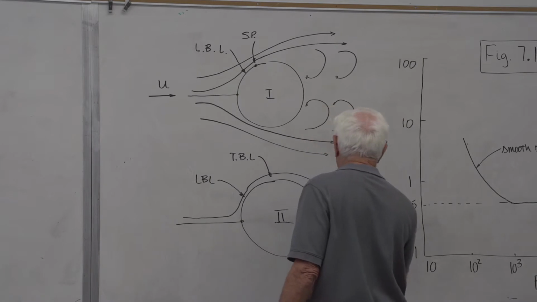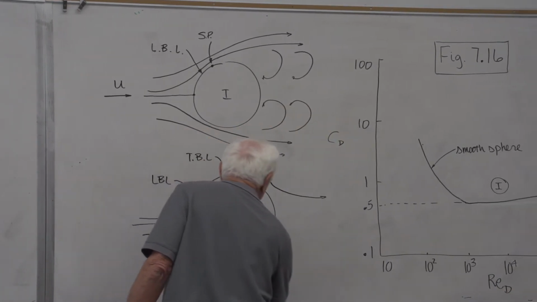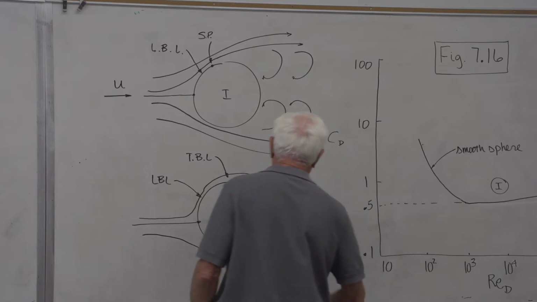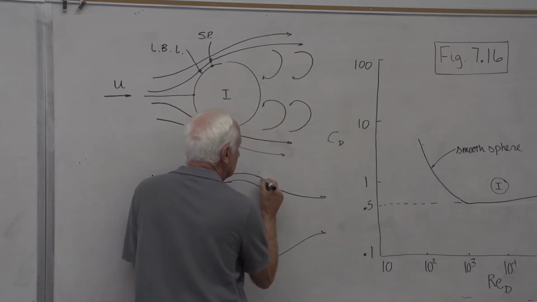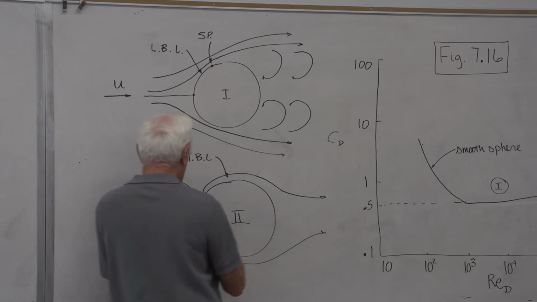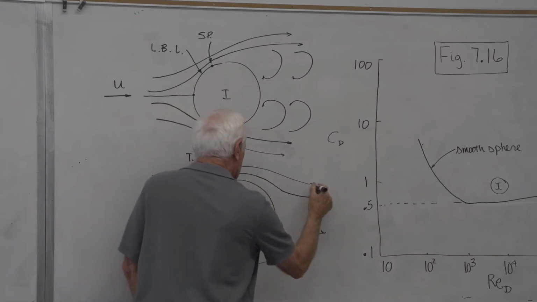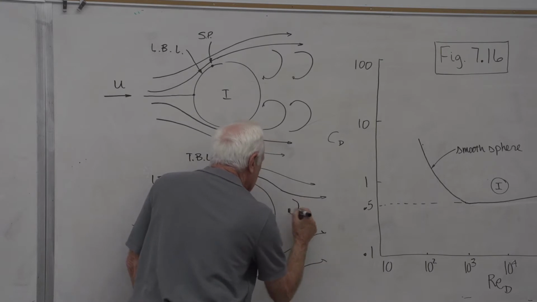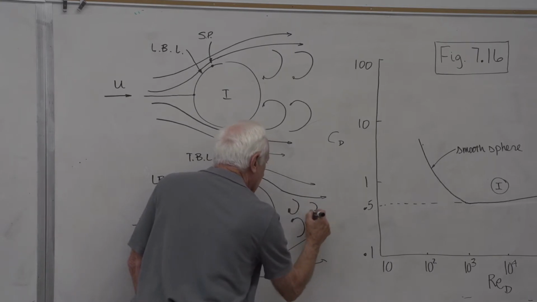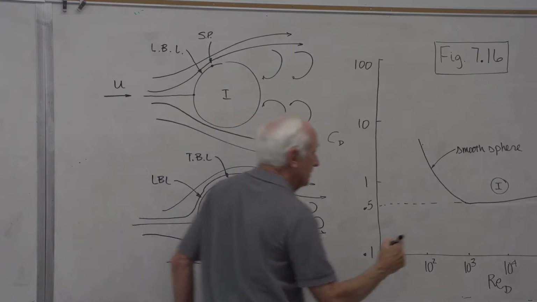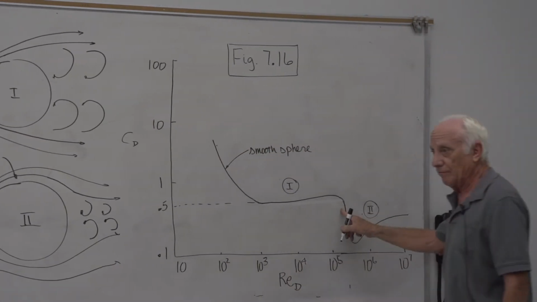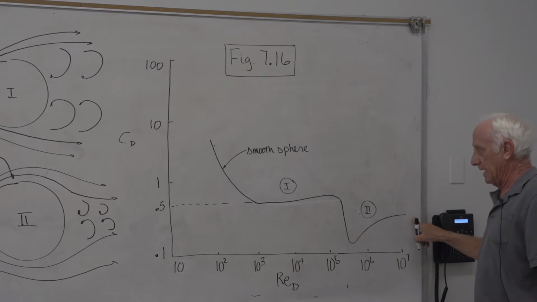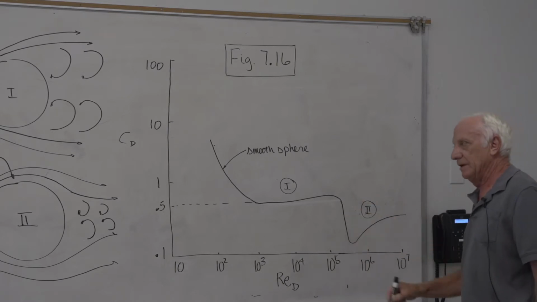It causes the wake region to be much smaller than it was before that transition to turbulent flow occurred. So now, because there's a smaller wake region, there's a smaller drag on it, and the C sub D drops off rather dramatically quickly. It recovers and slowly gets back up again, but there's a tremendous drop off in that region right there.